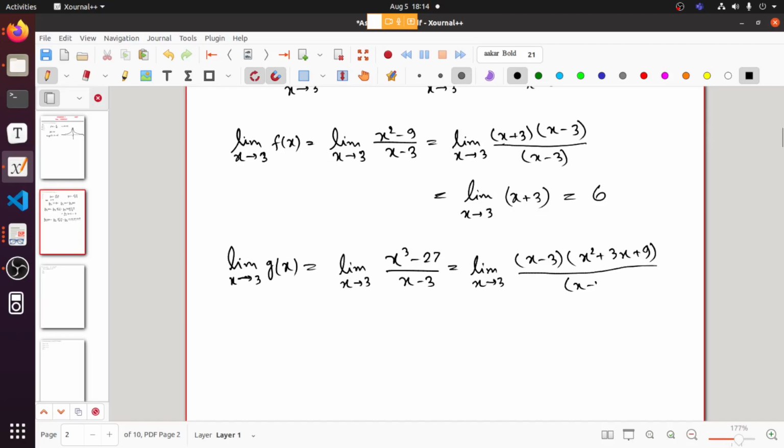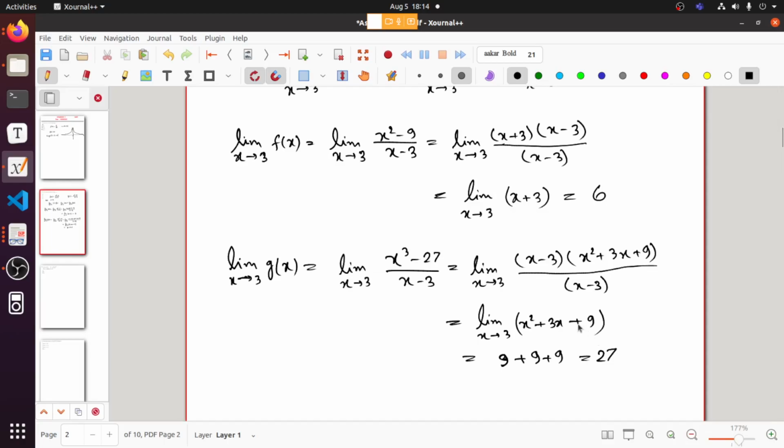By x minus 3. Again here x is not equal to 3, so x minus 3 is non-zero, so we can cancel it out. So it will be limit x tends to 3 of x square plus 3x plus 9, right? Now what will be the limit? It will be 3 square, meaning 9, plus 9 plus 9, so it will be 27, right?